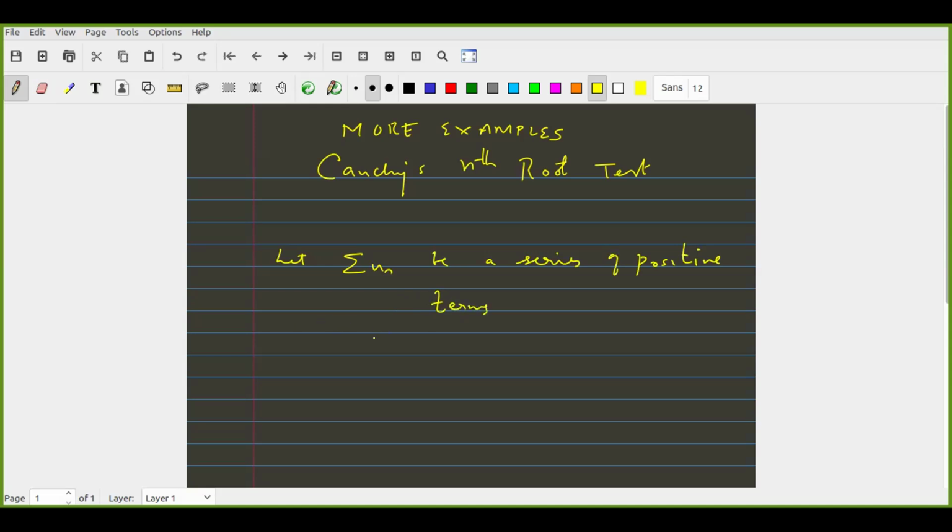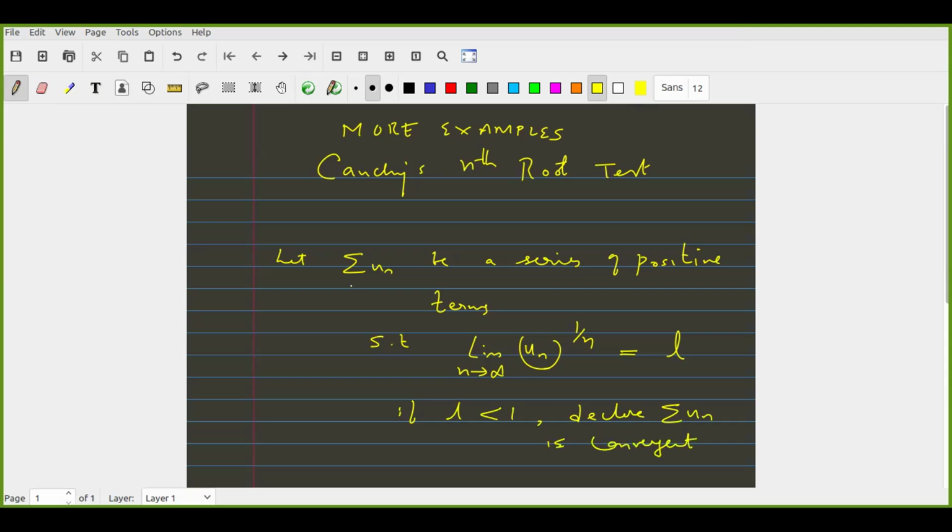So if we look at the limit of this general term un raised to the power 1 by n, that is the nth root, as n tends to infinity, if this turns out to be a number L such that L is less than 1, then we declare my series is convergent.